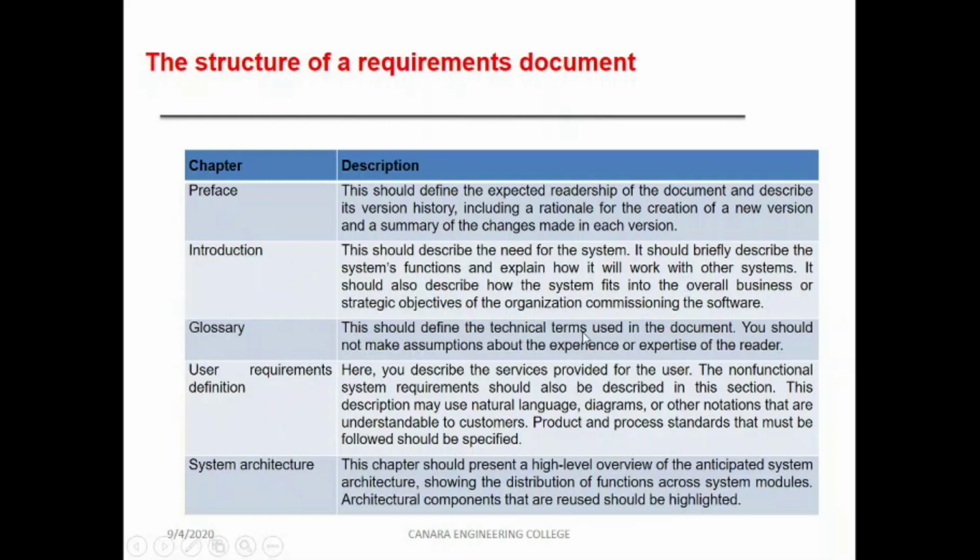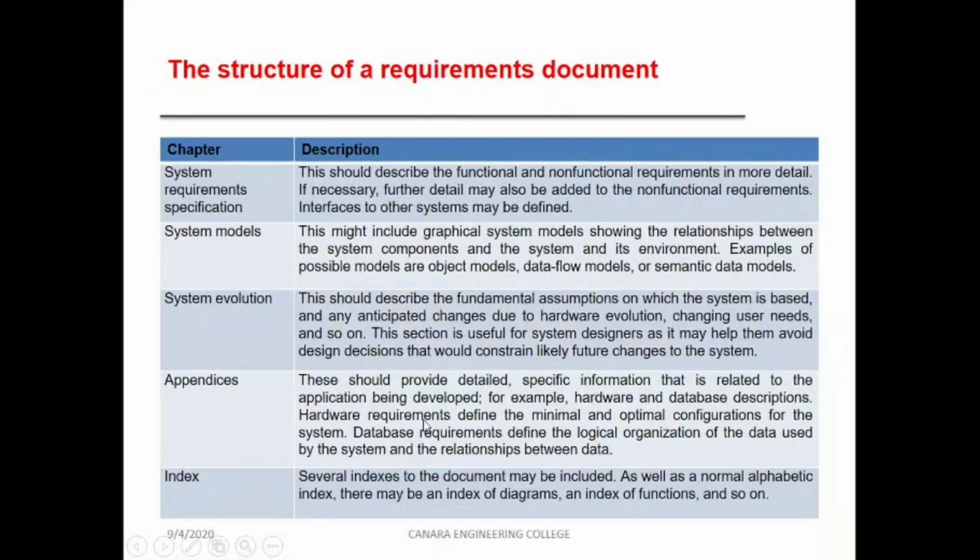Glossary: some technical terms are included in the glossary. User requirement definition: the services provided to the users are defined here. System architecture: the overall architecture of the system, that is, the development of the product, is described in the system architecture.